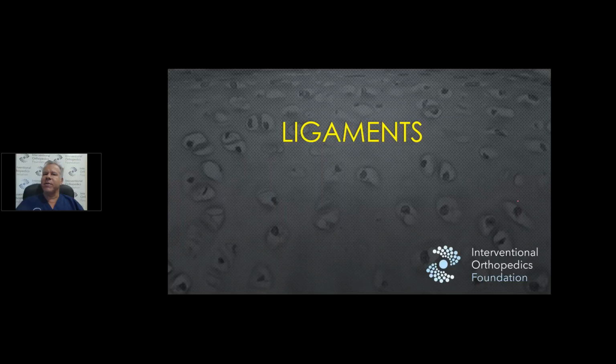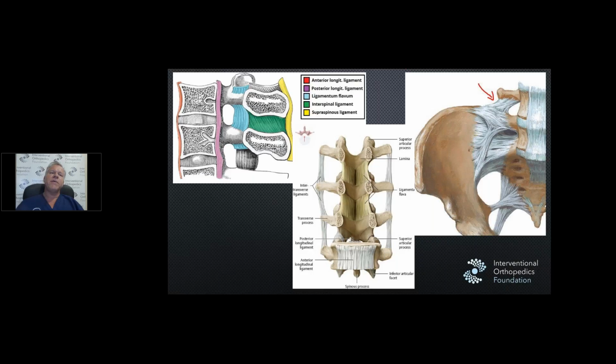And then we'll end this up with ligaments before we start to read some things. As far as ligaments are concerned, we've got the ligamentum flavum inside here that I discussed, which is connected into the interspinous ligament, which connects to the supraspinous ligament that goes over the spinous processes.